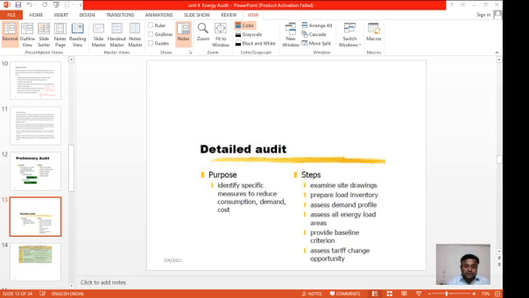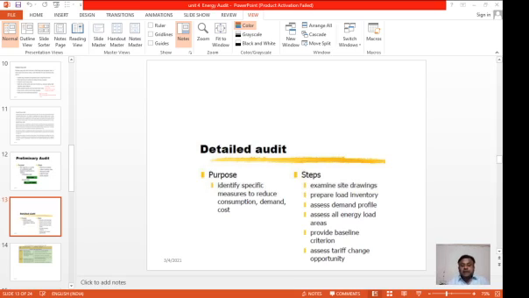The energy audit report, as I told you, involves detailed discussions about the energy audits conducted, what the recommendations in the energy audit are, what the suggestions for improvement are, and the implementation plan, the line of action or action plan for implementation.